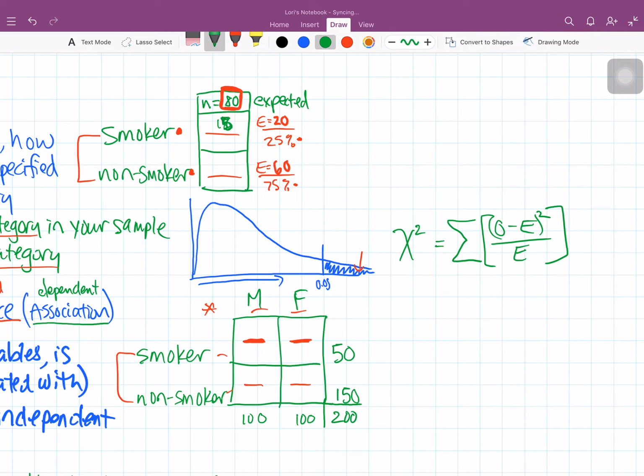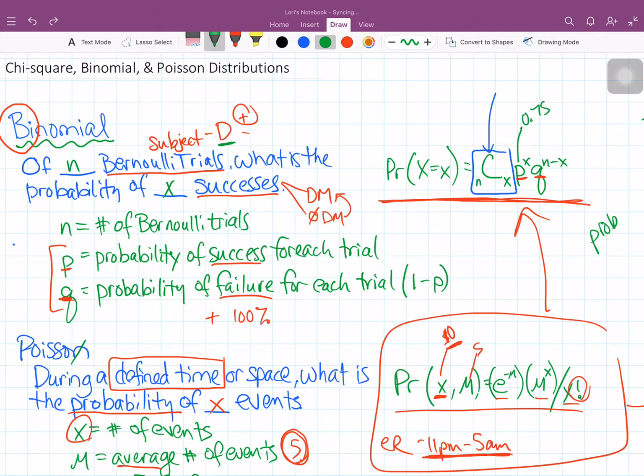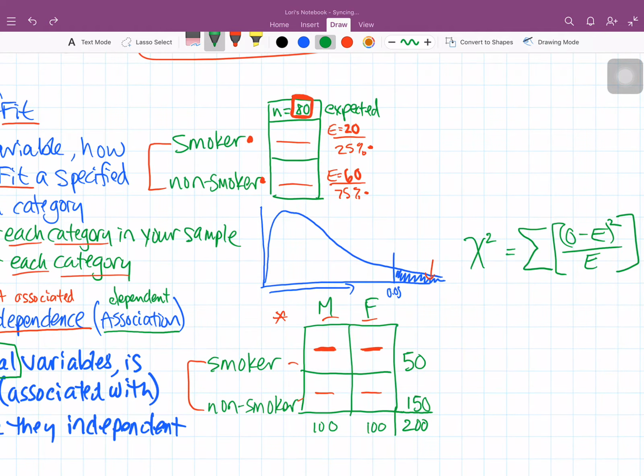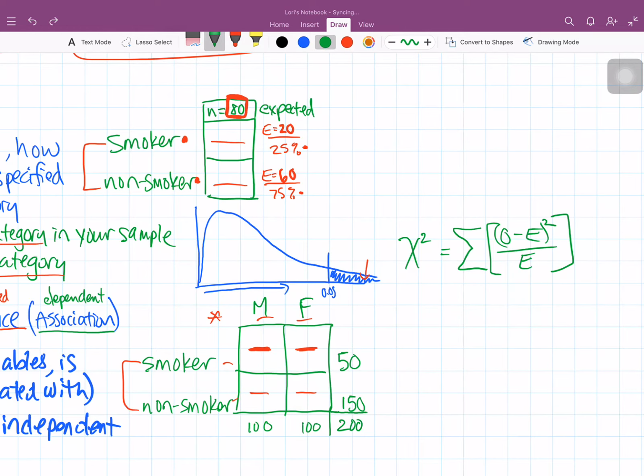I would say that for most people, if I put in here there were 5 smokers and 75 non-smokers, most people would say, that's pretty different. That's really outside of what I would expect just by sort of randomness. So we kind of have a hunch about these kinds of things.